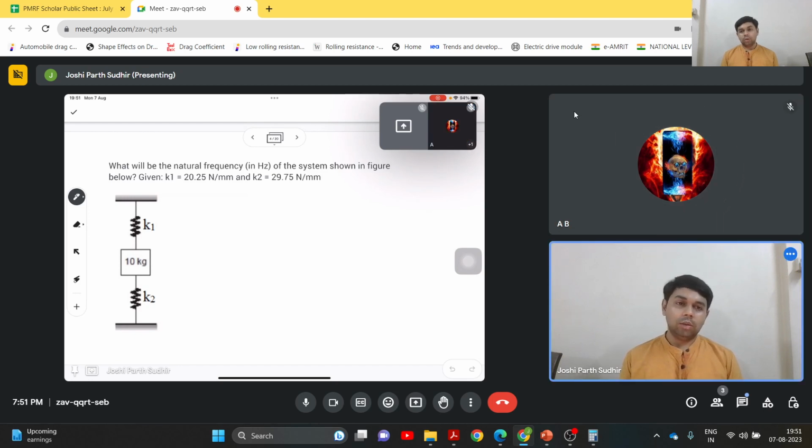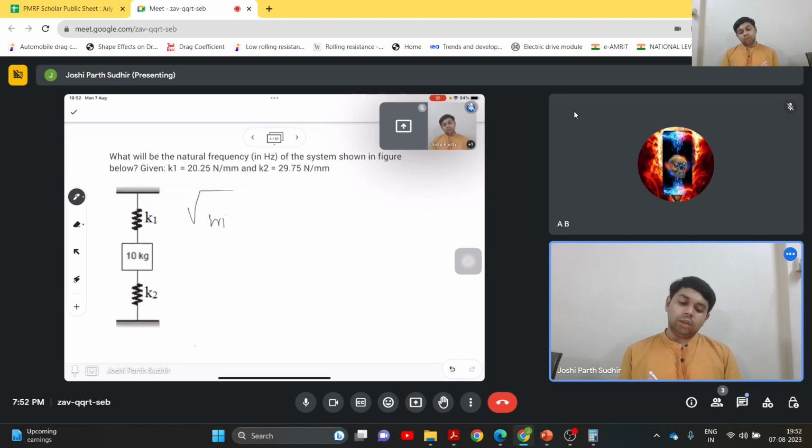So you can think in terms of this: when we have to find out the natural frequency, it is given by root of k by m. This system has two springs and one mass.